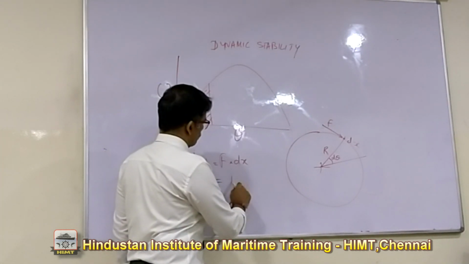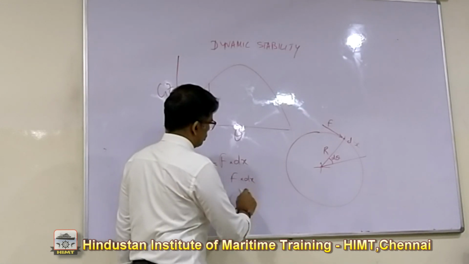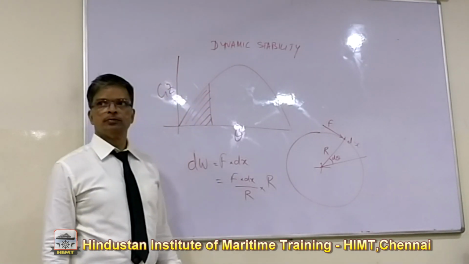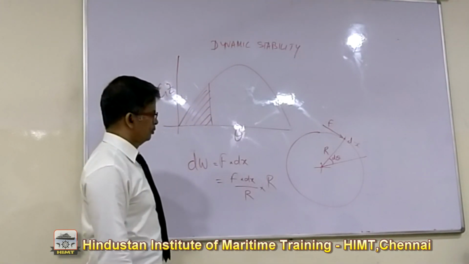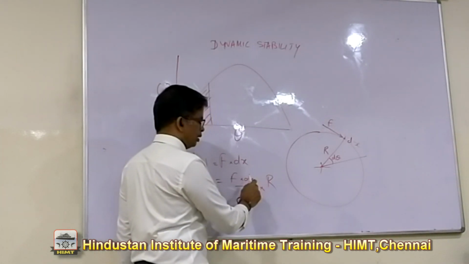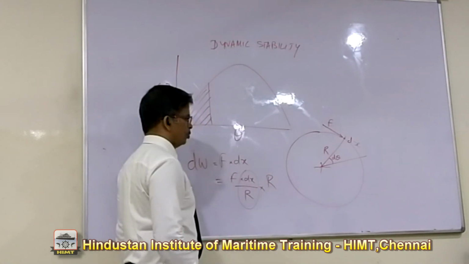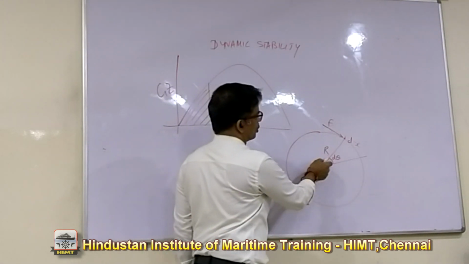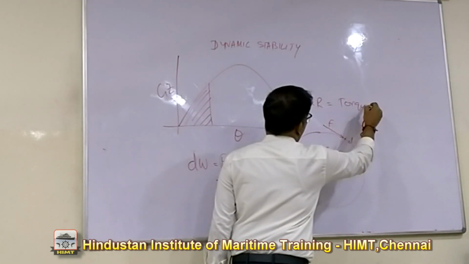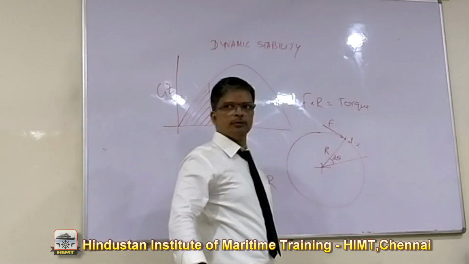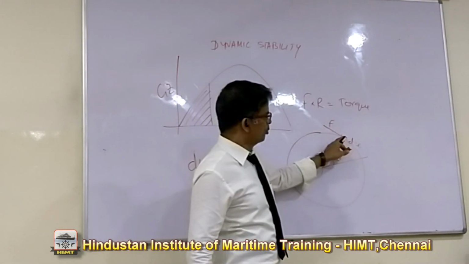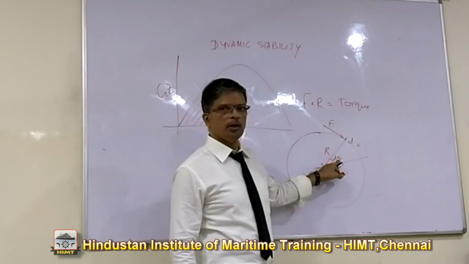Then you write the next step. It is F into dx. You divide by radius and multiply by radius, both sides. Then what does it become? F into R is torque, and the other is dx by R. So what is F into R? Torque, or you can call it moment of force, right? T d theta. And what is dx by R? It is d theta in radian.